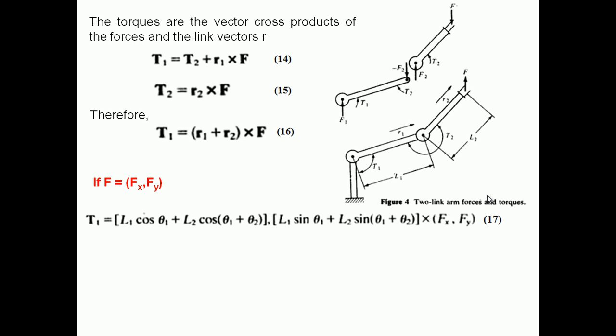T1 is equal to the entire equation. So you know how to calculate X and Y based on the previous forward transformation: L1 cos theta 1 plus L2 cos theta 1 plus theta 2, comma L1 sin theta 1 plus L2 sin theta 1 plus theta 2. So the first one is along the x-axis, another one is along the y-axis. So you know how to multiply the terms.